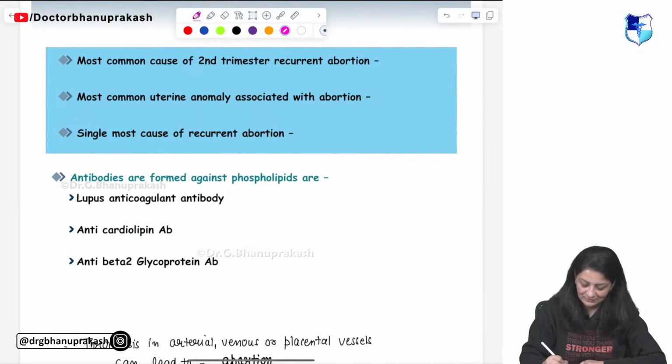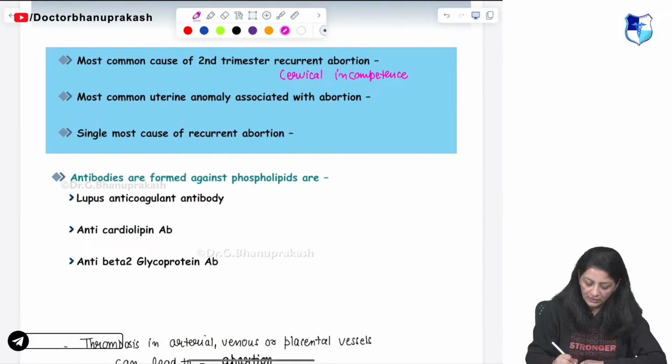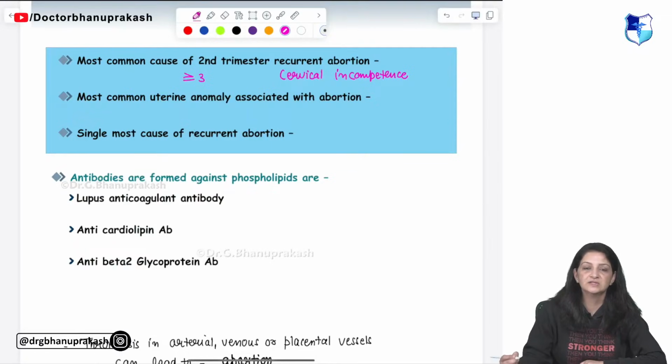Cervical incompetence is the most common cause of recurrent abortion. Recurrent abortion means 3 or more consecutive pregnancy losses. The most common cause is cervical incompetence.